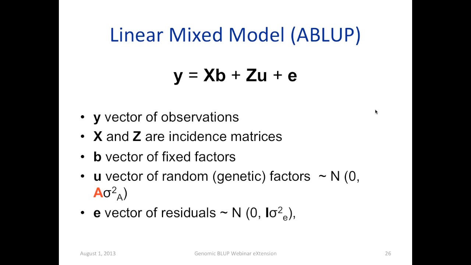In the mixed model, we have a vector of observations. We have X and Z incidence matrices. X is associated with the fixed factor B, and Z is the incidence matrix for the random effects. And then we have an error term.